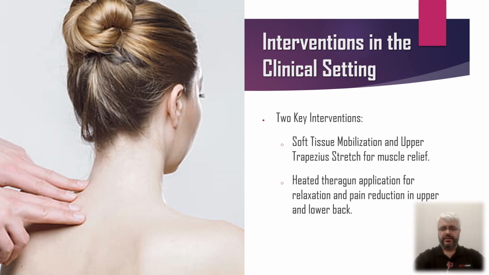In the clinical setting, two key interventions we used were soft tissue mobilization and upper trapezius stretching to relieve muscle tightness, and the Theragun for relaxing his upper and lower back. Both interventions aim to reduce pain and improve relaxation, allowing him greater mobility during sessions.